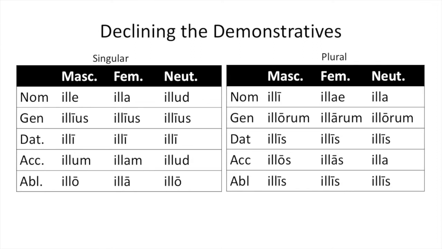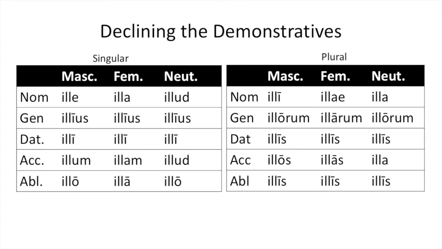Okay, the forms of ille, illa, illud are pretty similar to our first and second declension adjectives. The only difference here is that the genitive singular has that ius form. This is like huius for hic, haec, hoc. And the dative has illi instead of illo or illae, like we'd expect with other first and second declension adjectives.